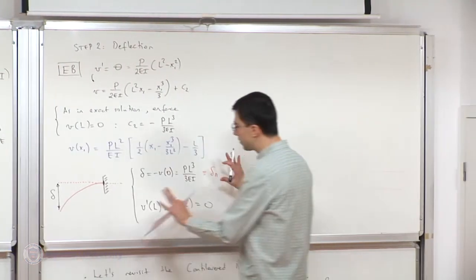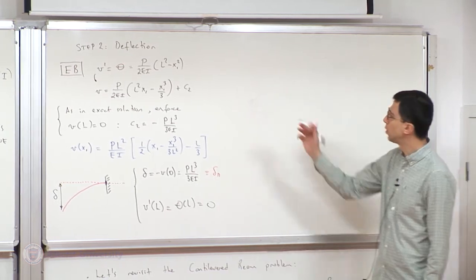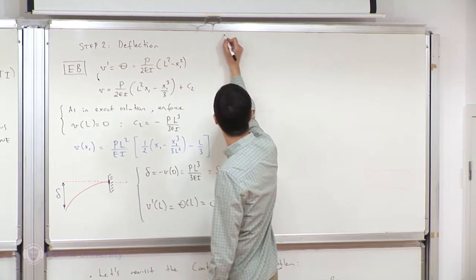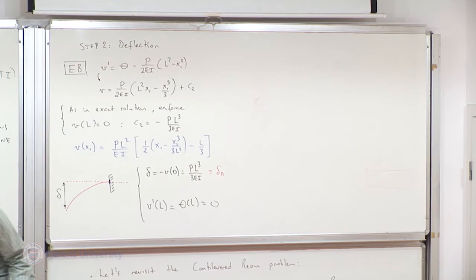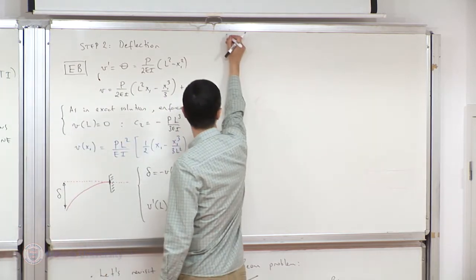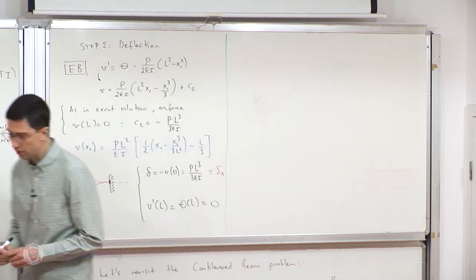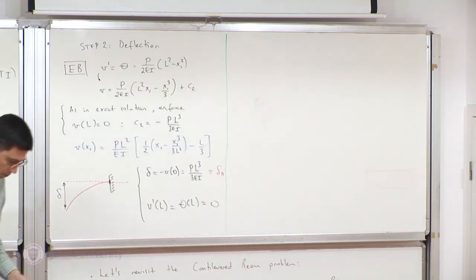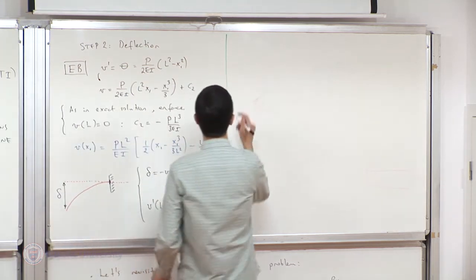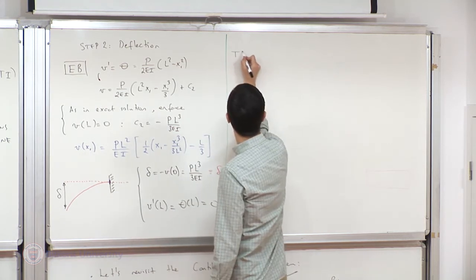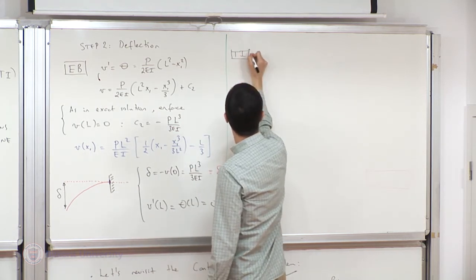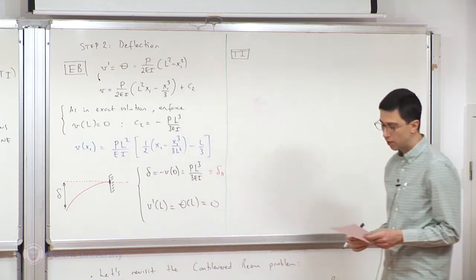Okay, so this is the result for the Euler-Bernoulli theory. Let's move on to the Timoshenko beam theory, and I hope to be able to fit everything onto the other half so we can do a comparison. The Timoshenko beam theory.